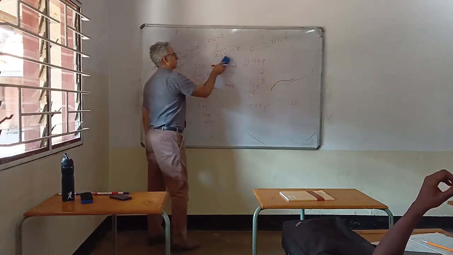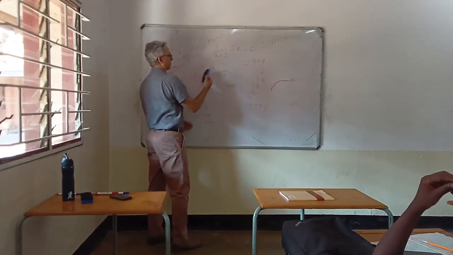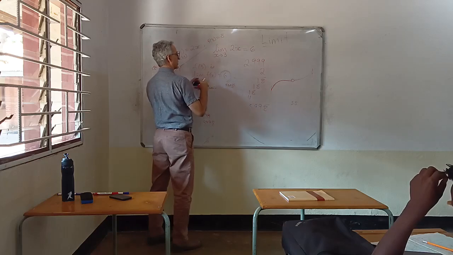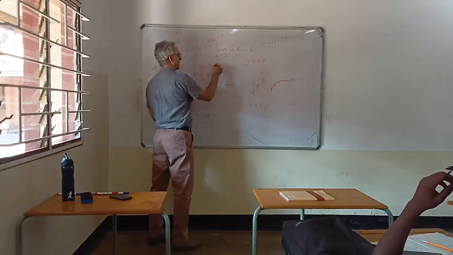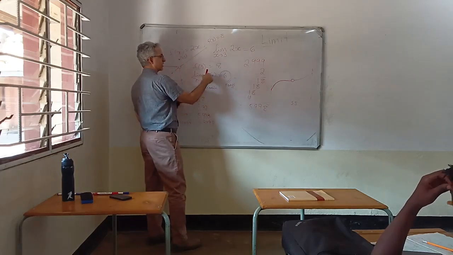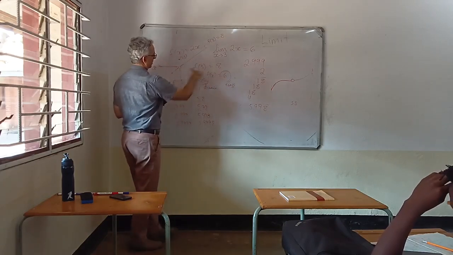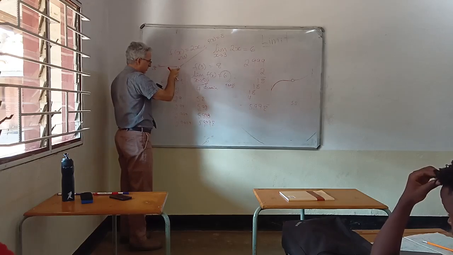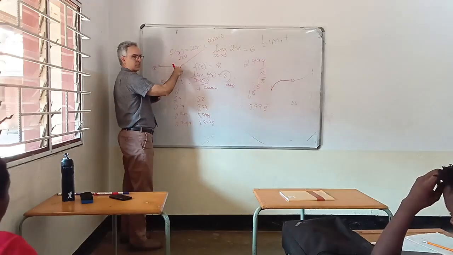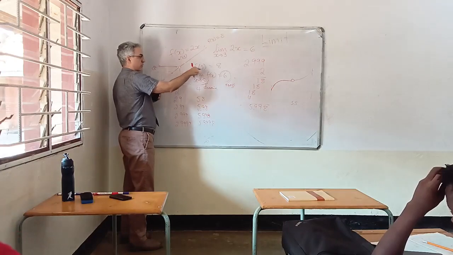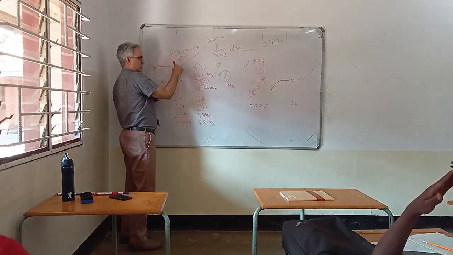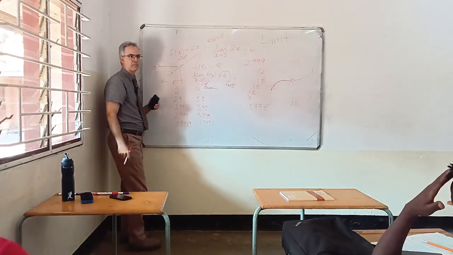And now we would say it's not that f of 3 is undefined. f of 3 now equals 8. But the limit of f of x as x approaches 3 is still 6. As you get closer and closer, you're getting closer to 6, even though the function at 3 is not 6, it's 8.